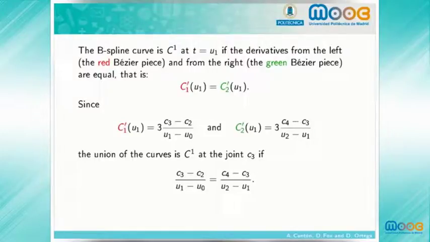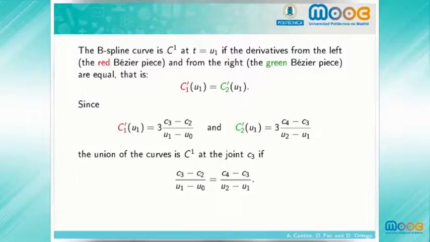We have expressions for these derivatives. The one from the left piece is expressed in terms of the last 2 points of the control polygon of the first piece, and the derivative of the second curve at the joint is expressed in terms of the first 2 control points of the control polygon of the second piece.